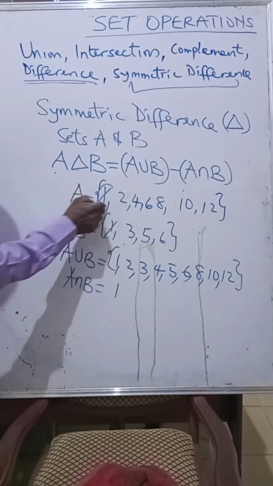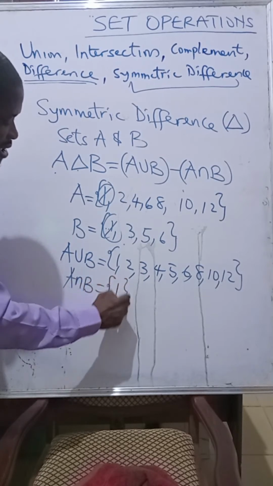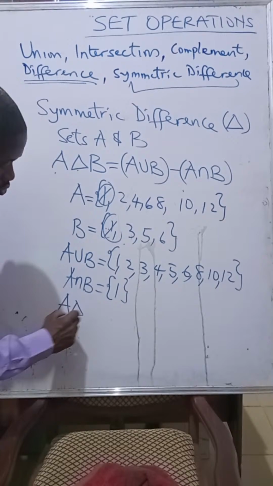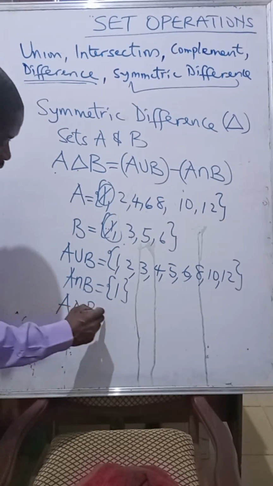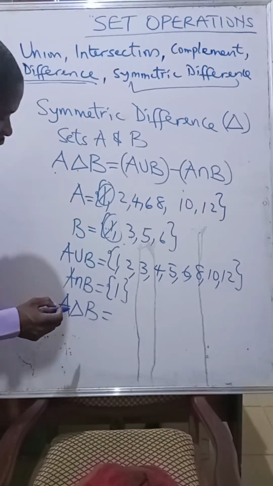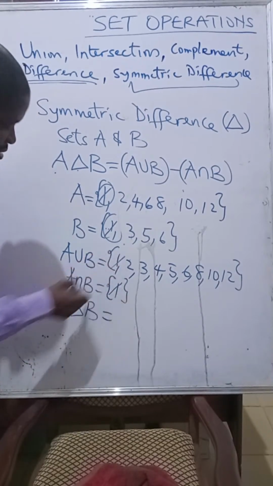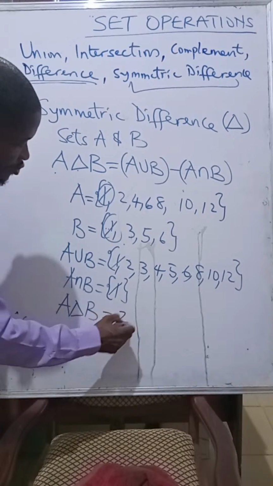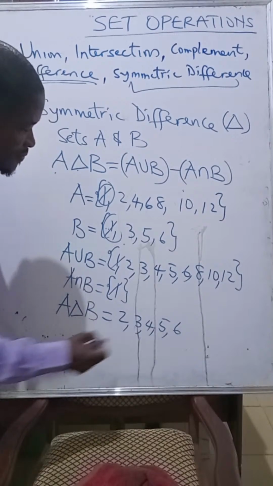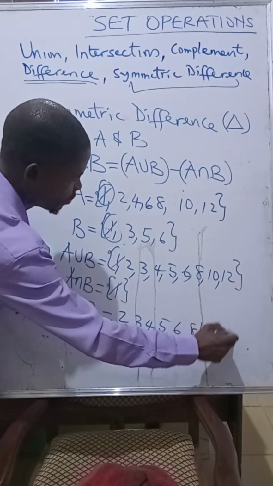So A intersect B is 1. Now find the symmetric difference: just remove this 1 from here. Then you have 2, 3, 4, 5, 6, 8, 10, and 12.